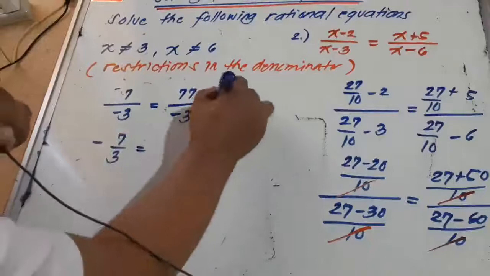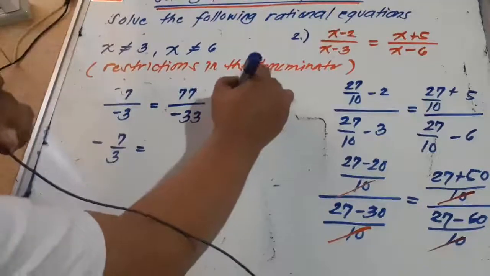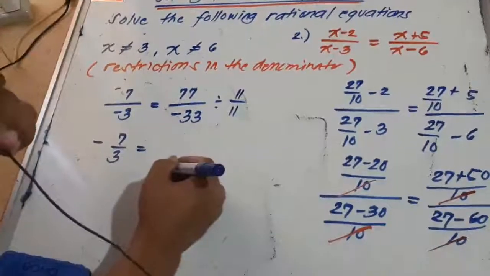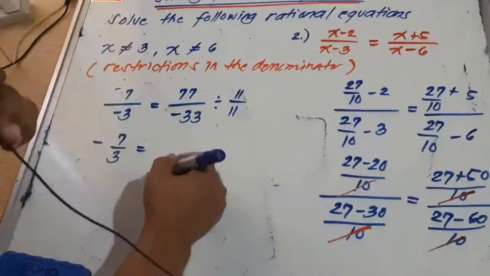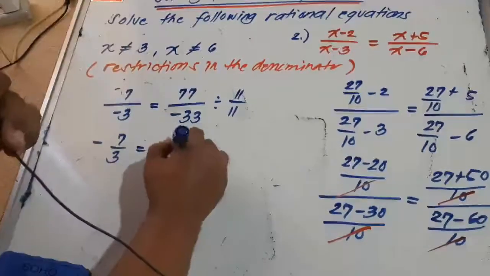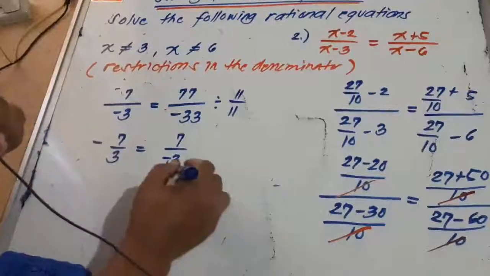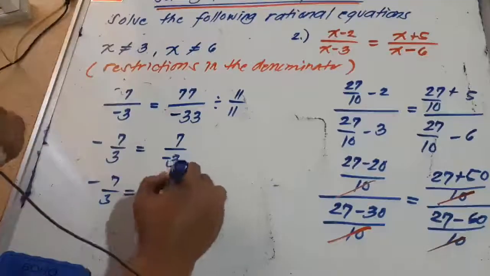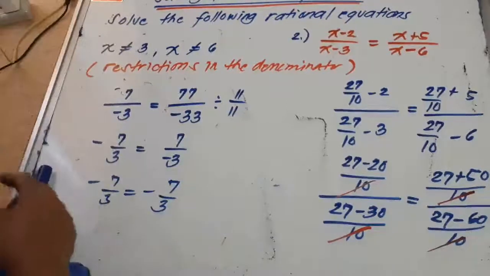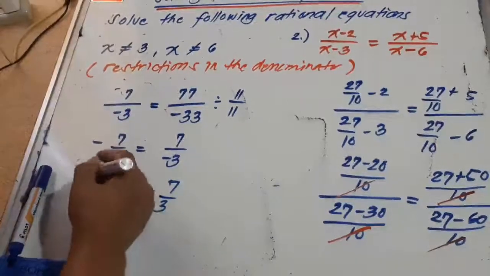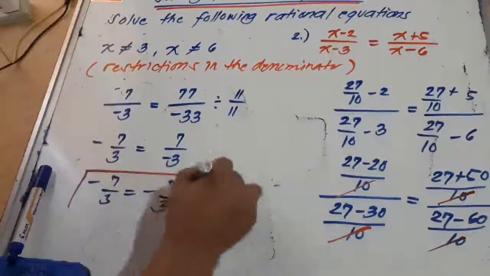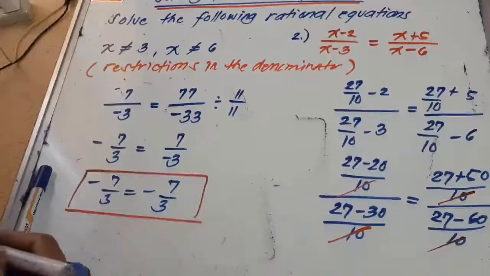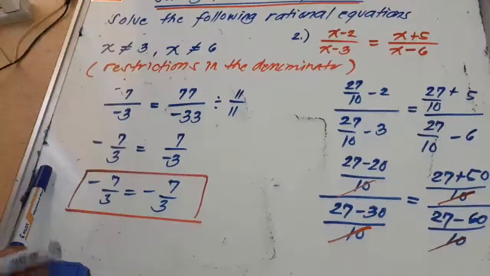If we're going to divide this by 11, both sides, the numerator and denominator, sorry, that will be 7 over negative 3. So negative 7 over 3 is equal to negative 7 over 3. Okay? So, ibig sabihin, tama yung ating sagot ng value na x ay 27 over 10. Okay? So, that will be my first two examples in solving rational equations.